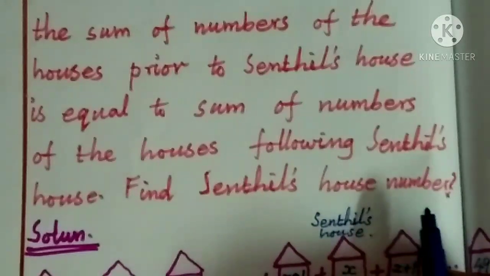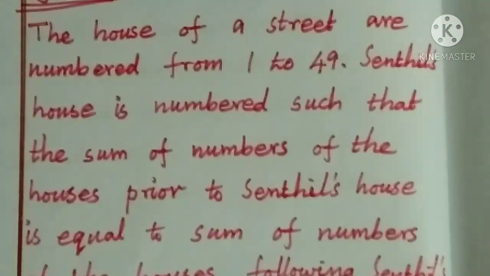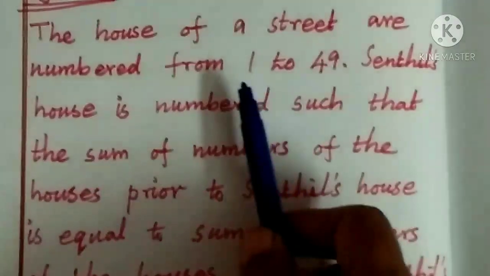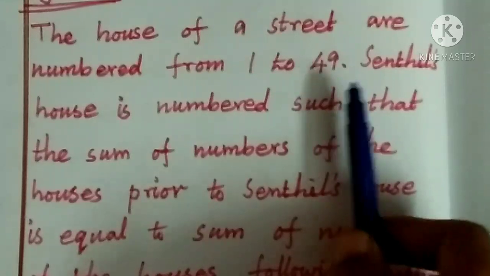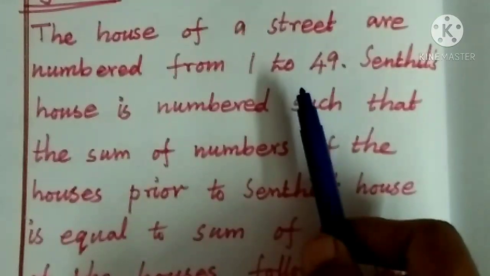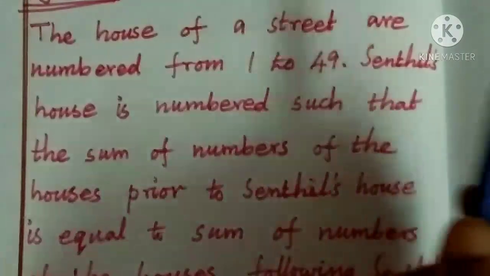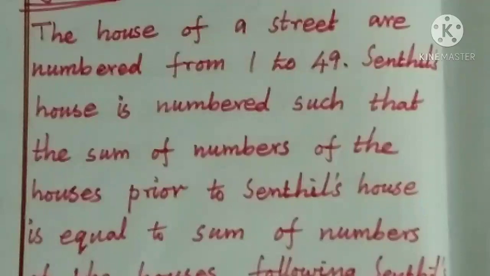Find Senthil's house number. In this question, what is given? In a street there are houses 1 to 49. In between them, Senthil's house is available. Here you have to find Senthil's house number.